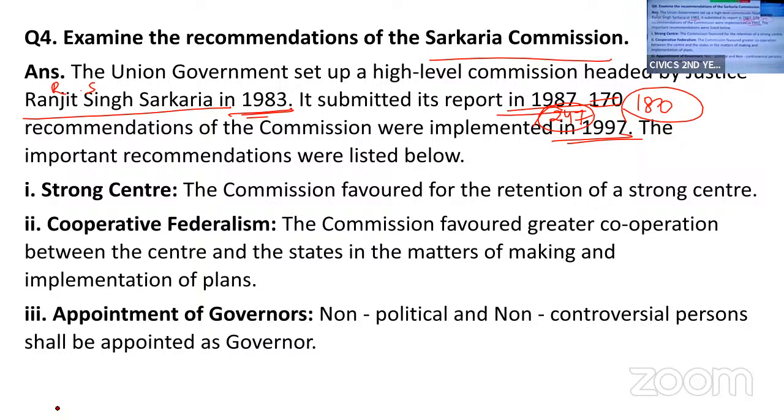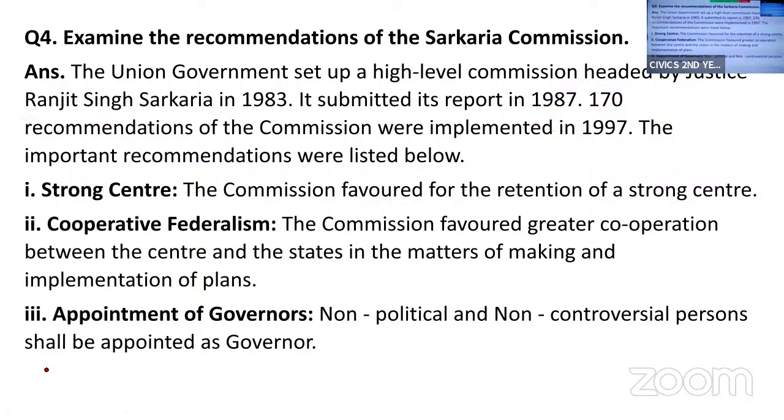Let us see some of the recommendations. We can't learn all 180 or 247 recommendations, so we will learn a few. The first one is a strong center. The Sarkaria Commission consulted the state governments, and most of them felt that the powers of the central government should be reduced and the state governments should get more powers.